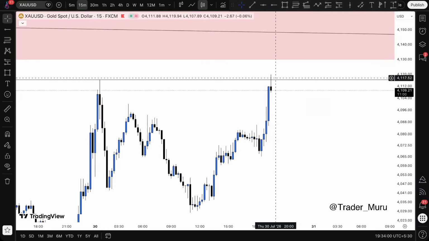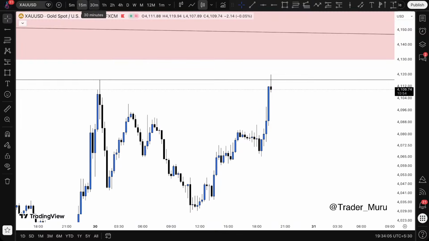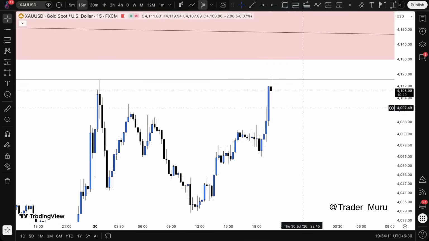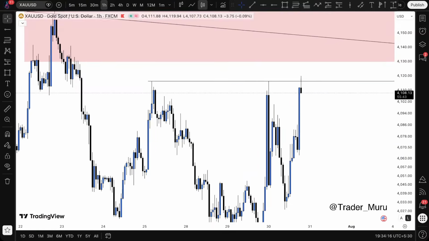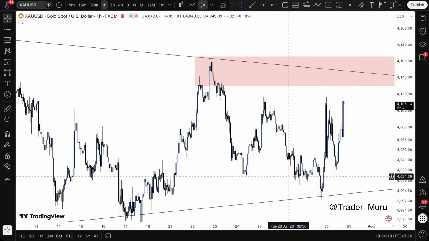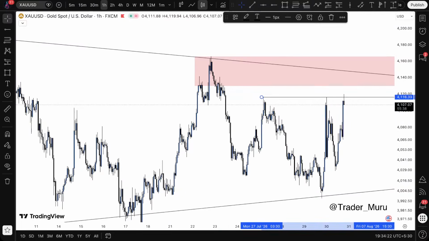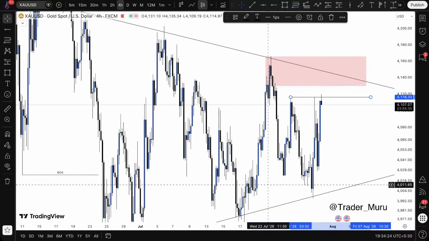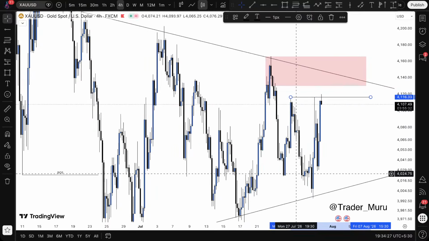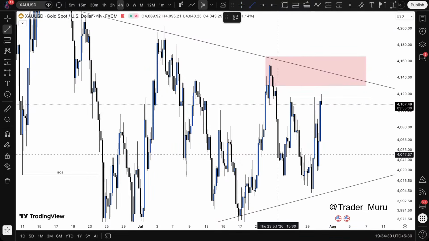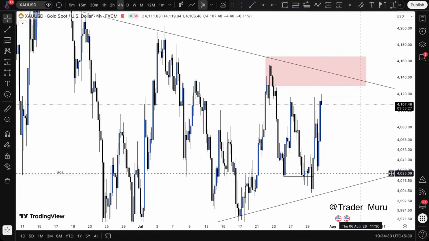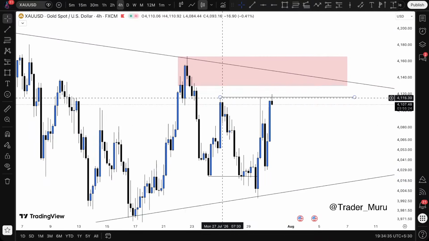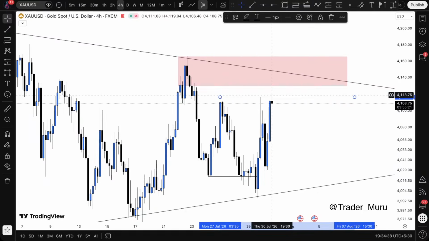We have a sweep, we need a change in momentum or a smaller time frame structure change for short entry. And remember guys, until we have a 2 4-hour candle close above this high, gold is still bearish. This is 4-hour breakout structure. Until 2 candles of 4-hour close above this high, gold is still bearish.